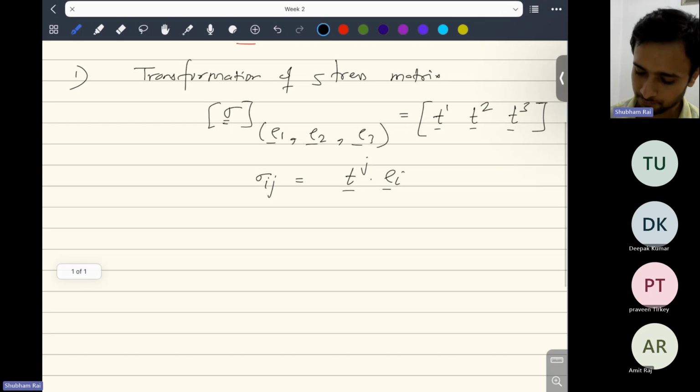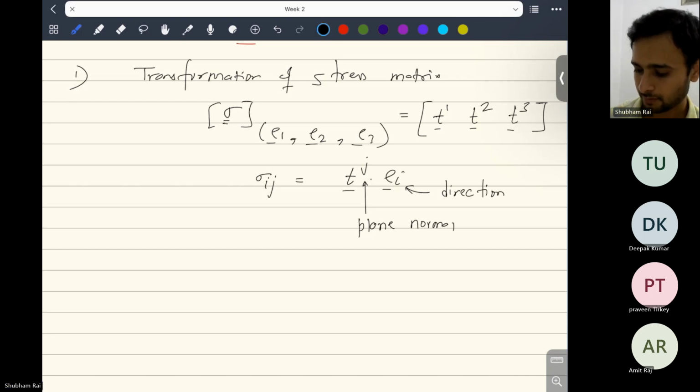As I told you, this j here represents the plane normal, and i here represents the direction in which we are taking the traction.